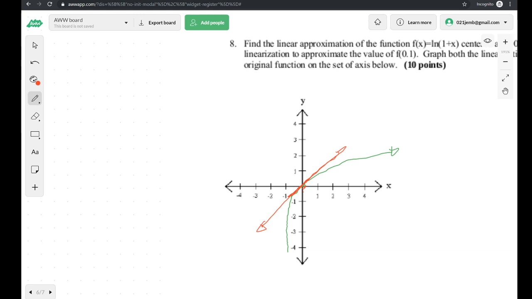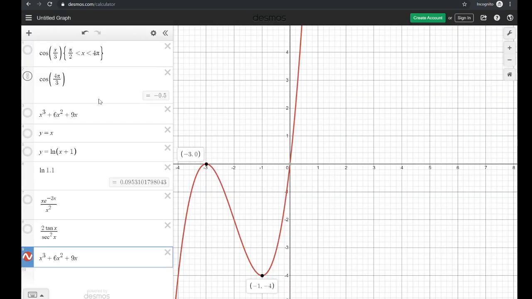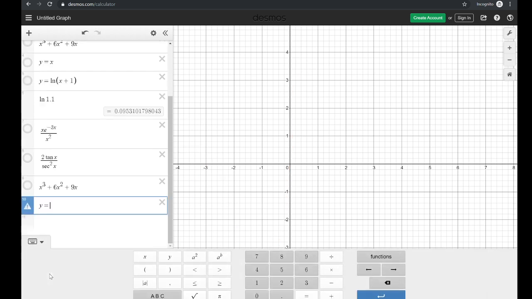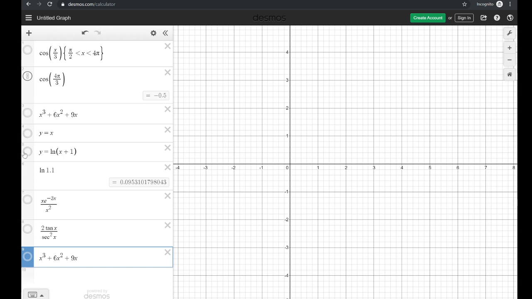All right, if you want to see, we could graph it with decimals. So we have y equals ln of x plus 1. Actually, I had it already. So we had something like this, and then we have y equals x.